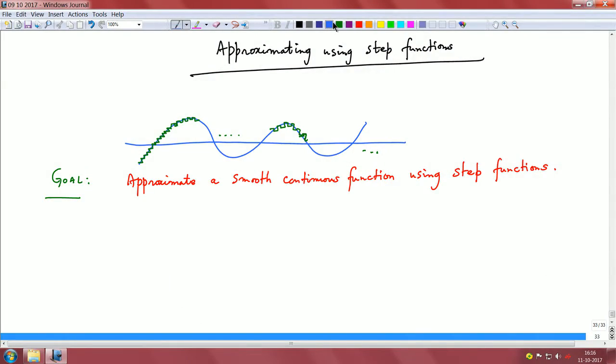So there are these subtle issues, but from an engineering perspective we will see how we would want to approximate a given function using wavelets or such step functions.